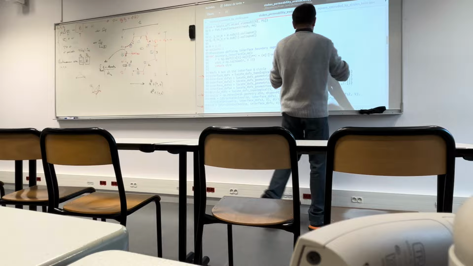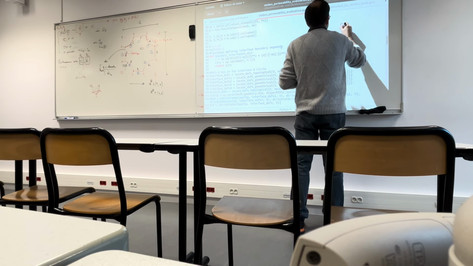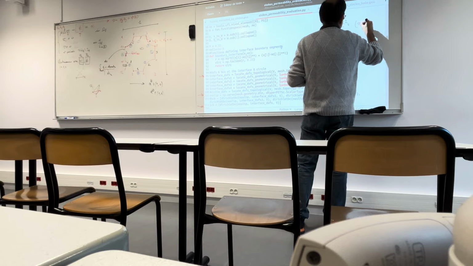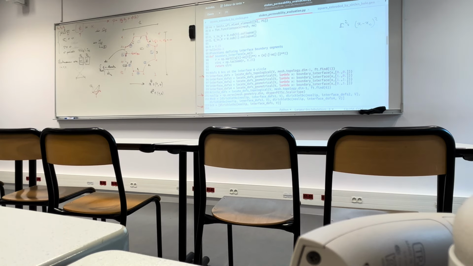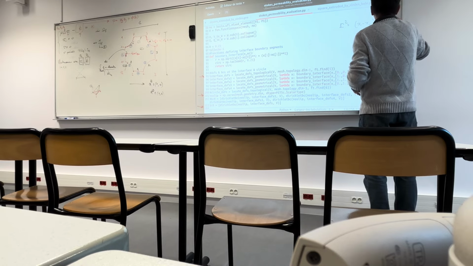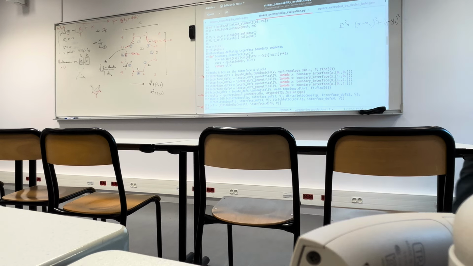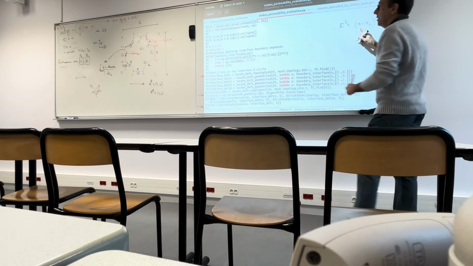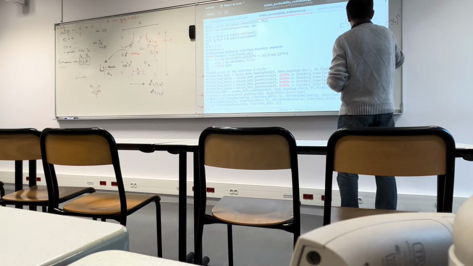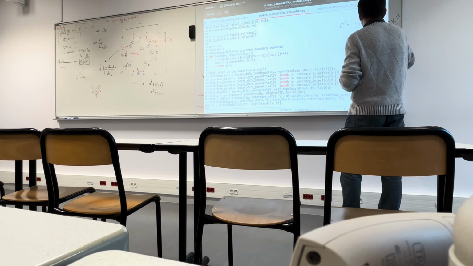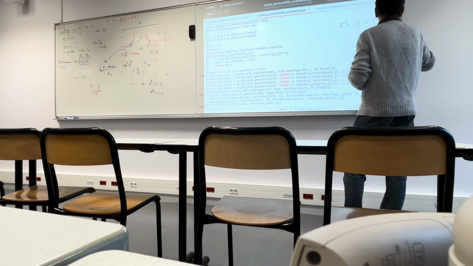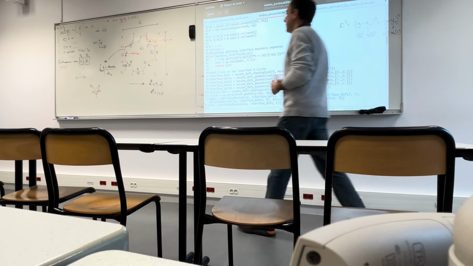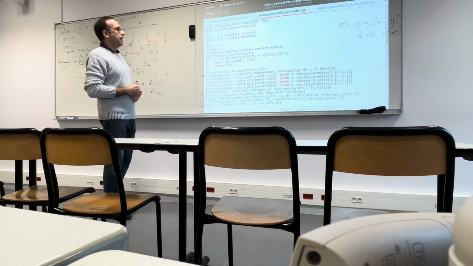So we are just using the standard definition of the radius of a circumference, where the x in FEniCS is x0, this is xc0, and this is x1, and this is xc1.